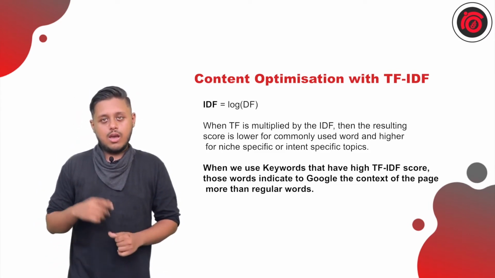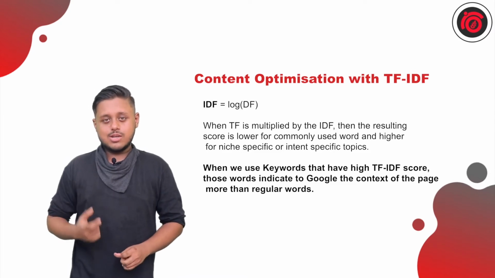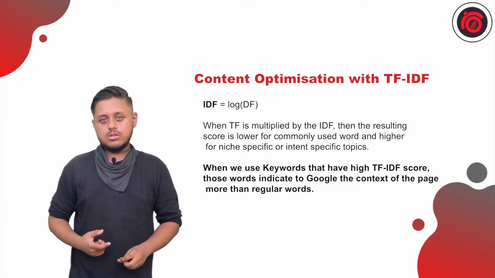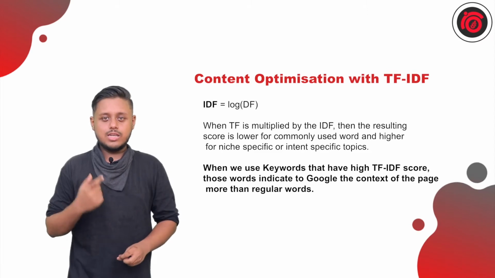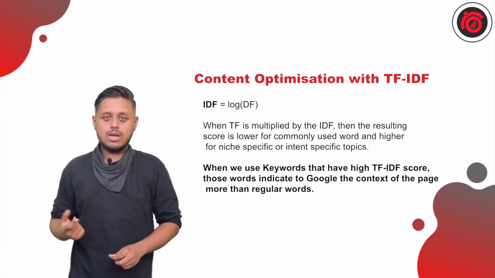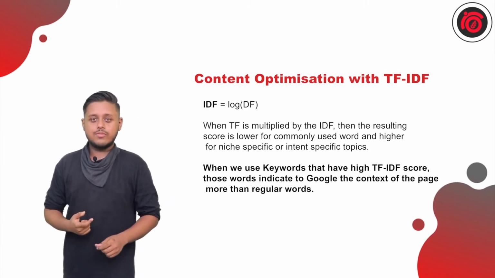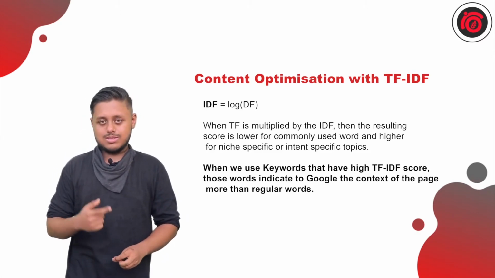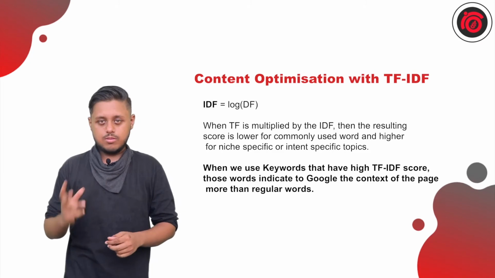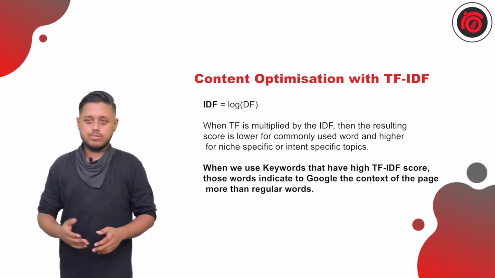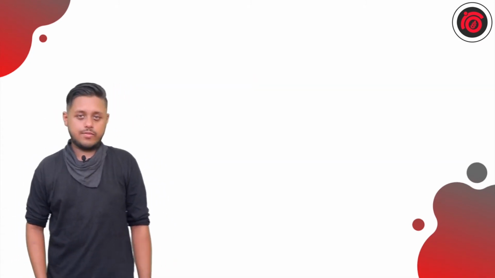Now, the TF-IDF score is generated for each and every entity or keyword. A keyword which has a high TF-IDF score tells Google that that keyword is more relevant to your page than any other keyword present in a particular piece of document. So why should we even use the TF-IDF concept?